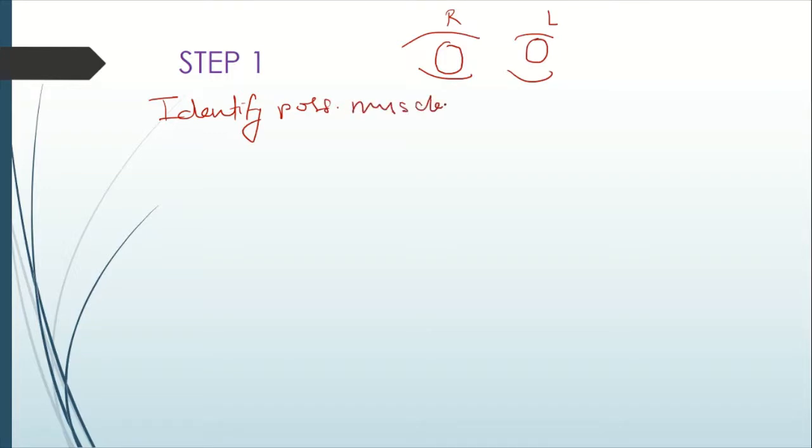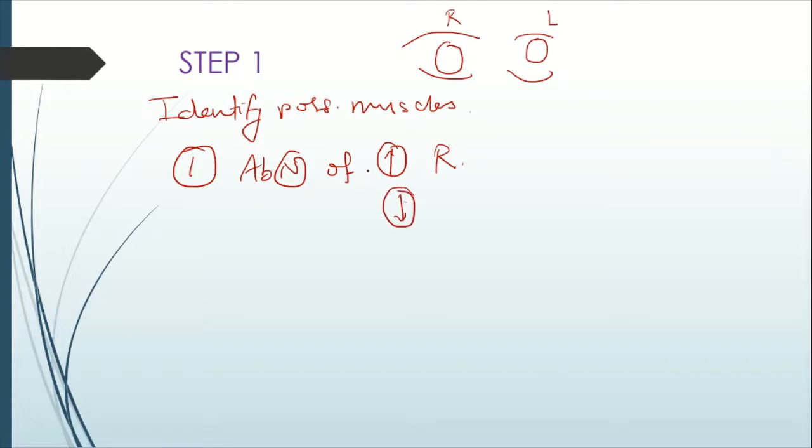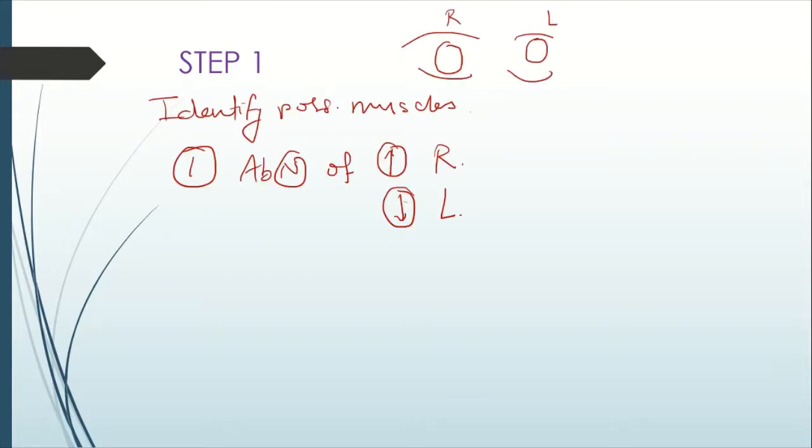As I told you in the introduction itself, there is a possibility that this could be a palsy of the elevators of the right eye, or a palsy of the depressors of the left eye. Any of these two is the possibility.